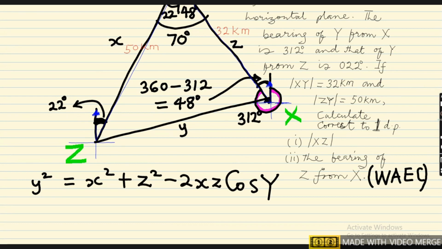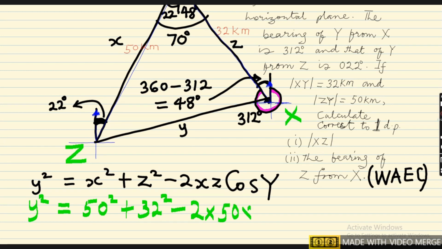By saying distance xz squared, or simply y squared like we've called it before, y squared equals 50 squared plus 32 squared minus 2 times 50 times 32 cos 70 degrees.